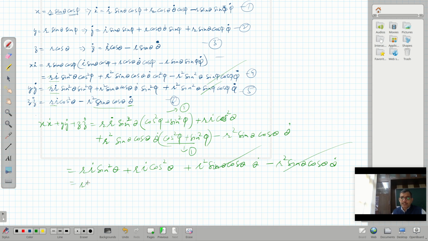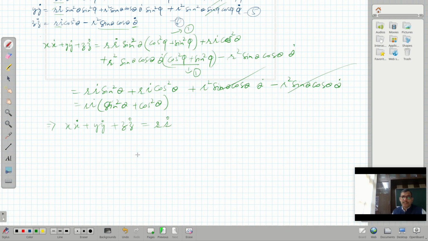So here it is r dot times sine square theta plus cos square theta. So that means x x dot plus y y dot plus z z dot is equal to r r dot. So I can write down from here that r dot is equal to x x dot plus y y dot plus z z dot divided by r.